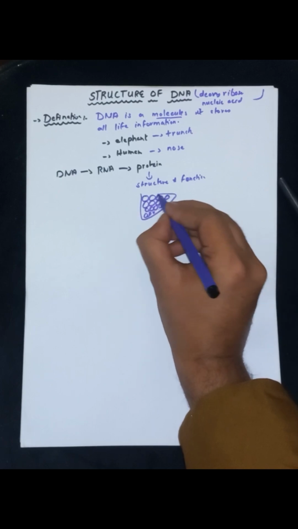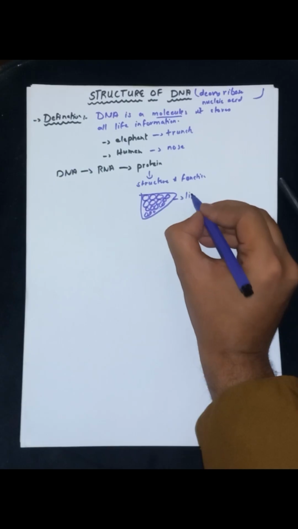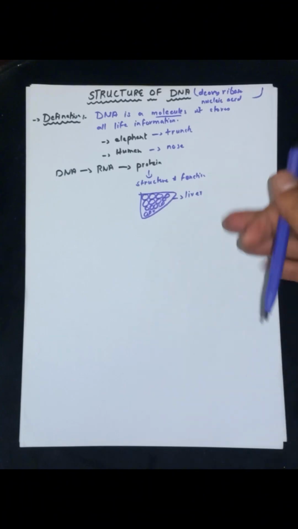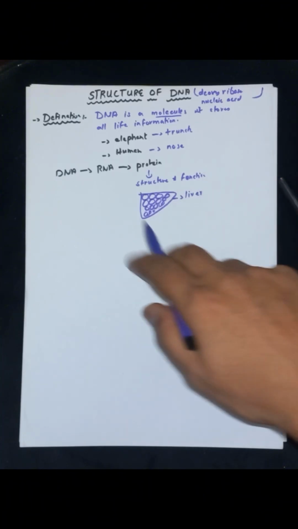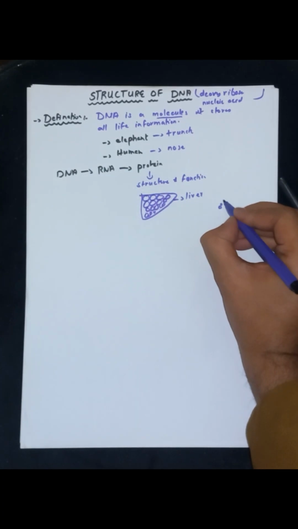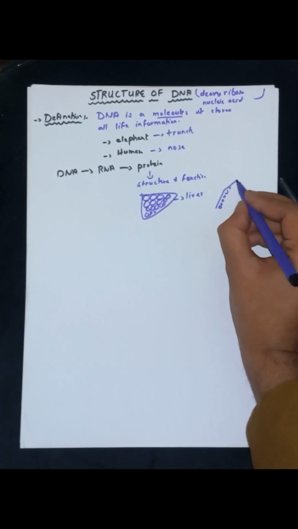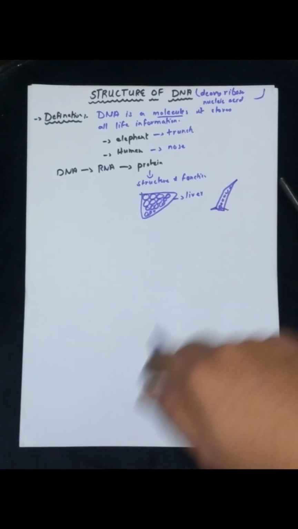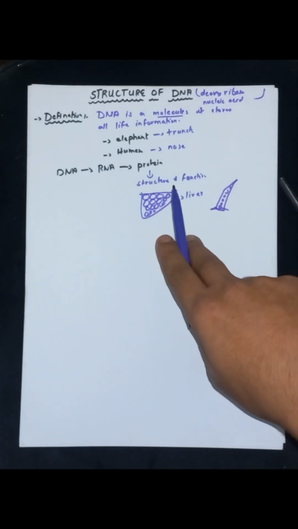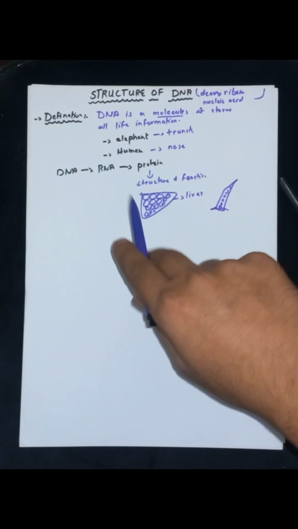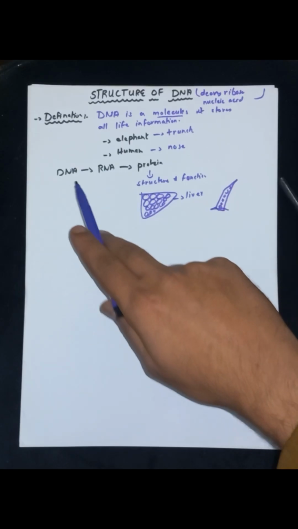Like this is a liver. In this way this type of liver is formed in a human, but a different type of thing will form in a different person. Like this DNA also has other information, it will make other proteins and other cells will form, like these types of cells will form, and this will make a hair follicle like this, and hair will form. So DNA has different types of information, and when it makes RNA and protein, then different types of structures are formed from this DNA.